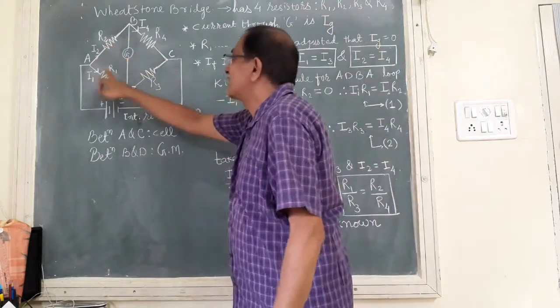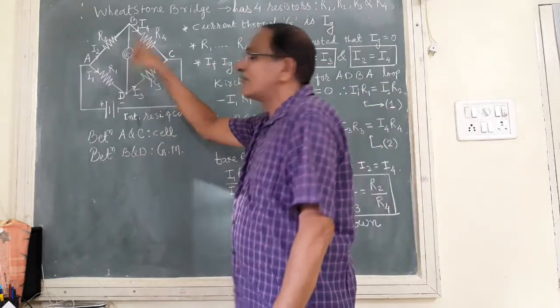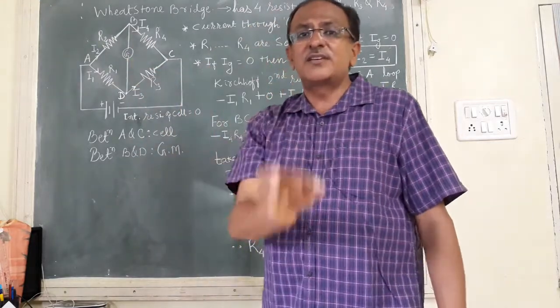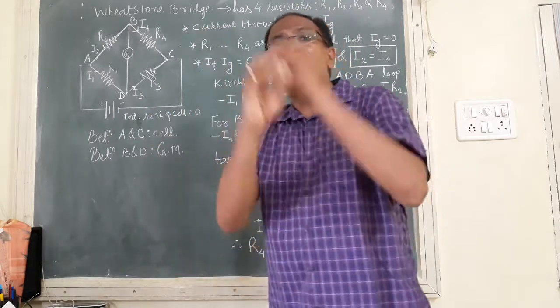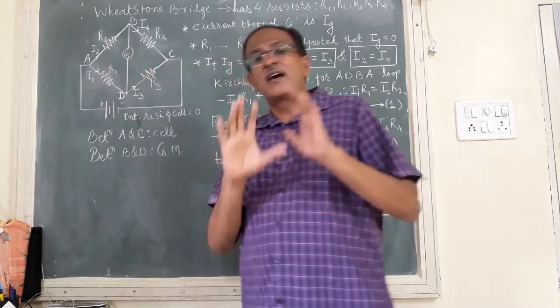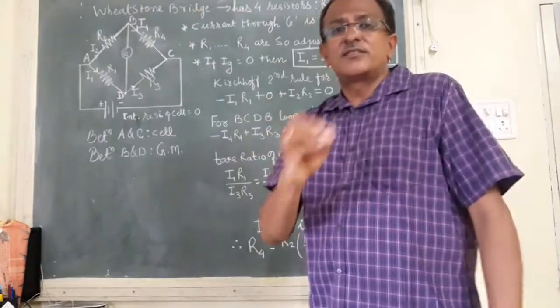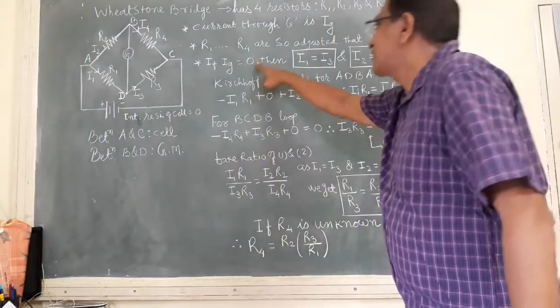So we have to adjust R1, R2 and R3 in such a way that the galvanometer current Ig becomes 0.